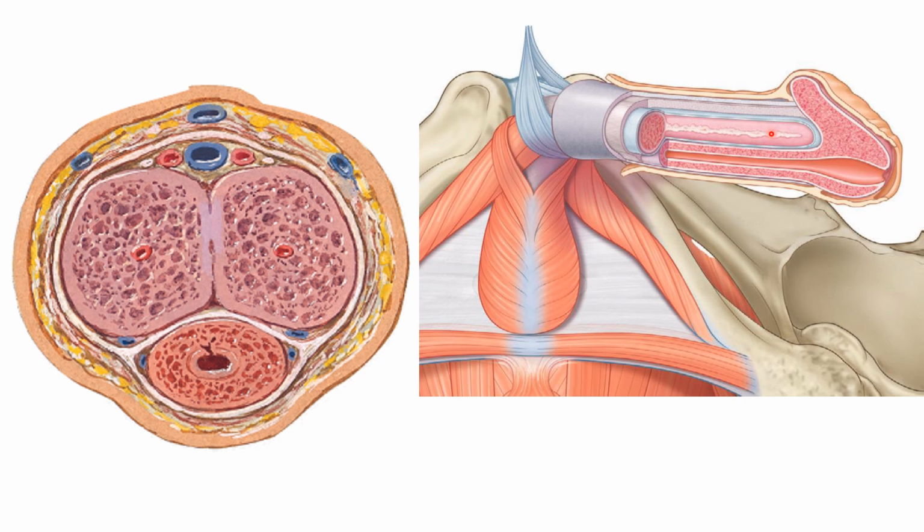And from the tunica albuginea, numerous trabecular septa containing fibroelastic tissue and smooth muscle project into the substance of the corpora, and it divides them into cavernous spaces. You can see the cavern-like spaces in both of the corpora cavernosa over here. These spaces are produced due to the numerous septa arising from the tunica albuginea.